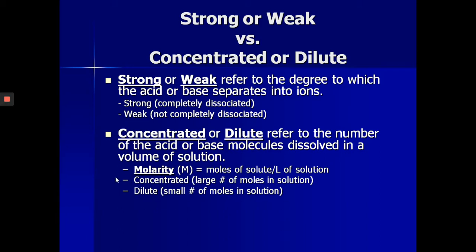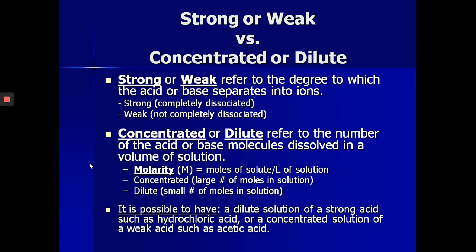Molarity, as we learned in previous chapters, measures how concentrated something is, and is calculated by dividing moles of solute by liters of solution. Concentrated means a large amount of moles dissolved, and dilute means a small amount of moles. Remember, these are only relative terms. There's no absolute concentrated or dilute solution. It is possible to have a dilute solution of a strong acid, such as hydrochloric acid, or a concentrated solution of a weak acid, such as acetic acid.